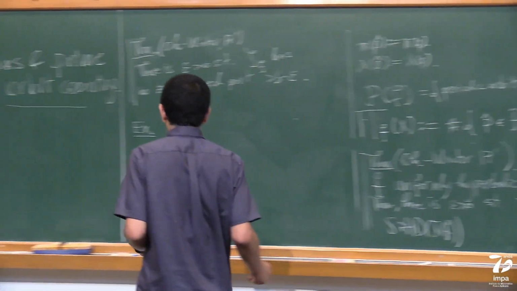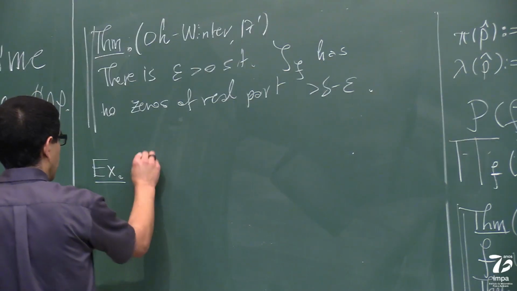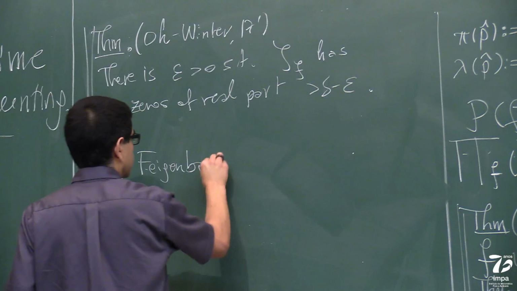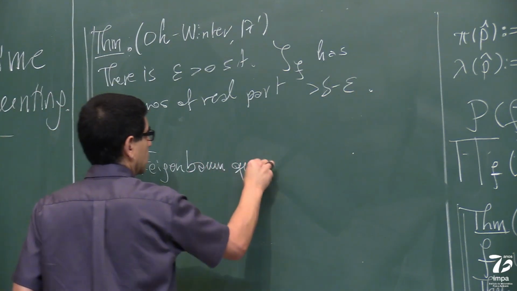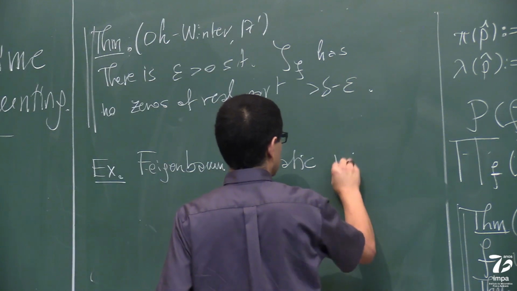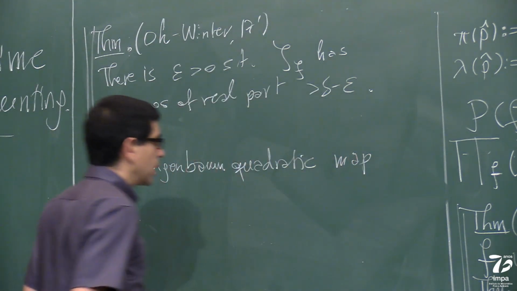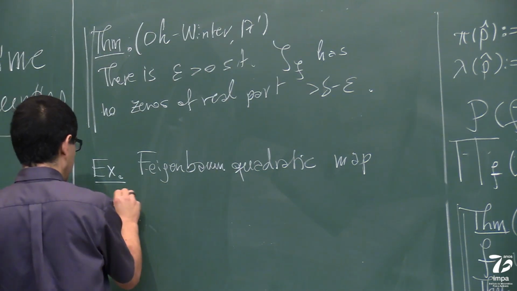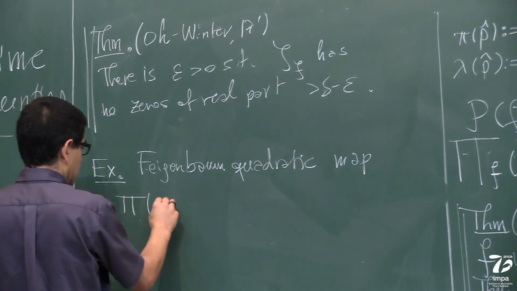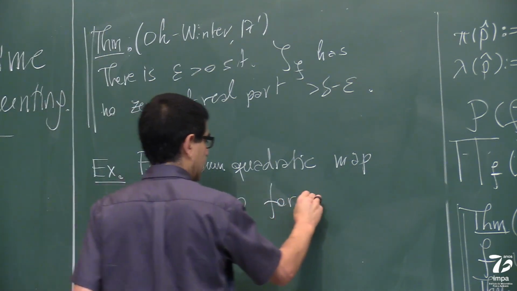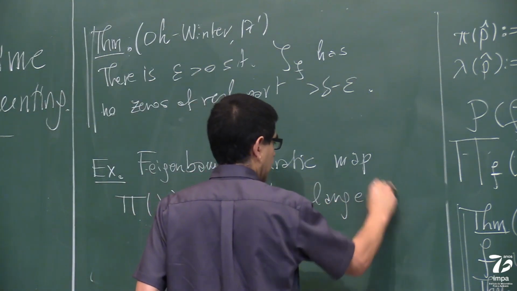Yeah, so basically for the Feigenbaum quadratic map, this is basically infinite for large x.